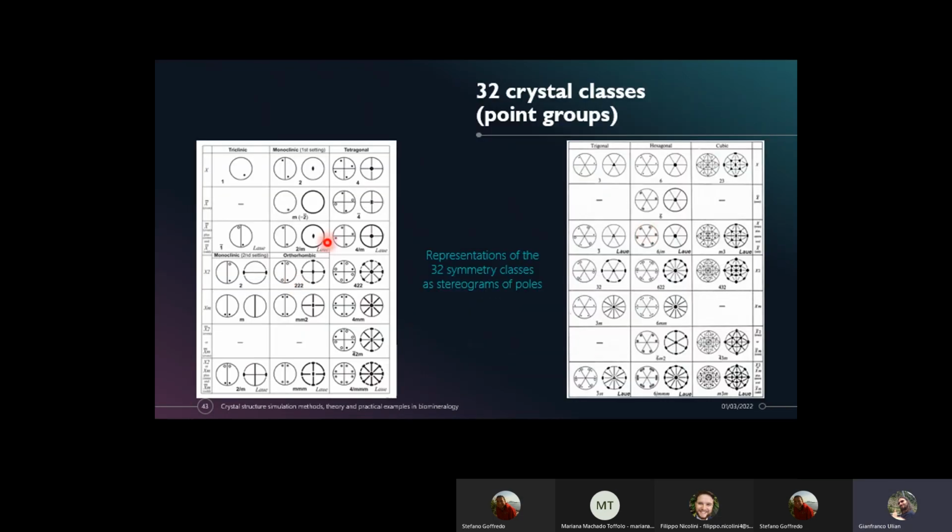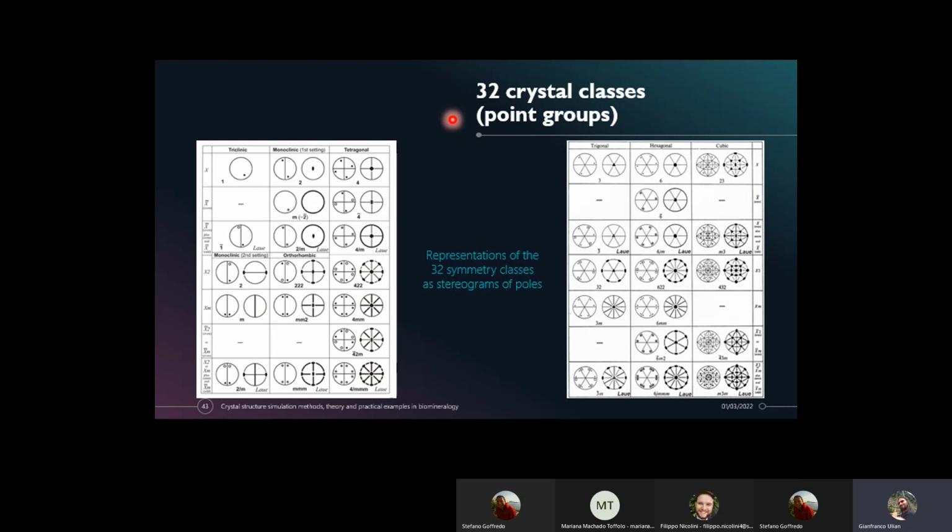Here you can see a representation of these point groups. We are not going to see them in detail. If you go in any mineralogy class, you can often see these tables on the sides of the classroom because they are used to teach this kind of information.